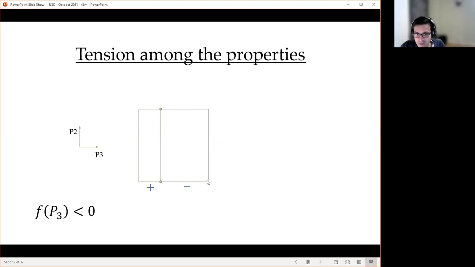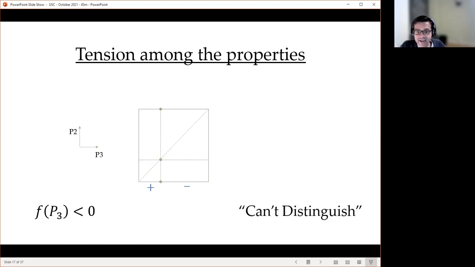So the sum of these marginals on this line must evaluate to a negative number. And by submodularity, I must have some +1s and then -1s. And the number of -1s, so the length of this -1 segment, should be more than the length of this +1 segment. That's one of the necessary conditions here, from the fact that P3 was a unique minimizer.